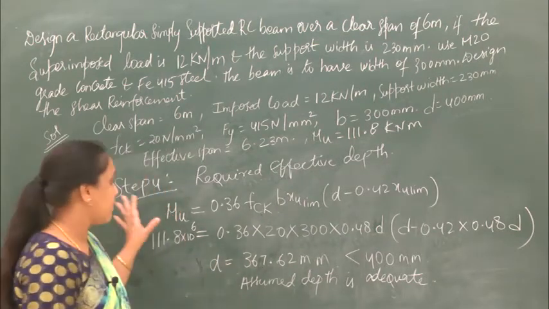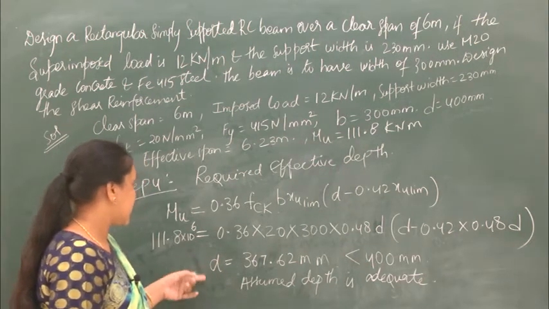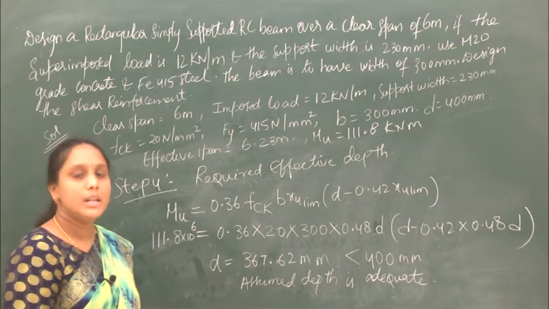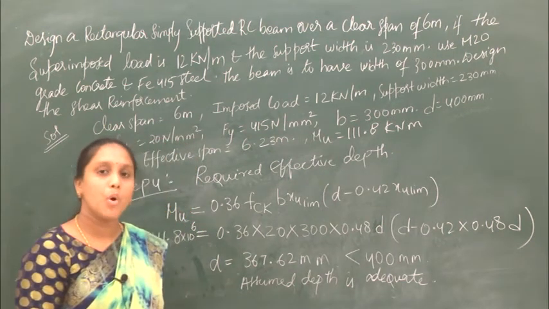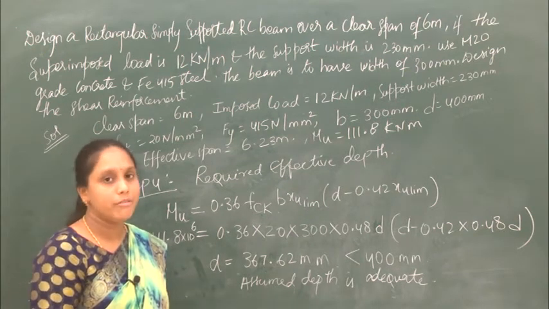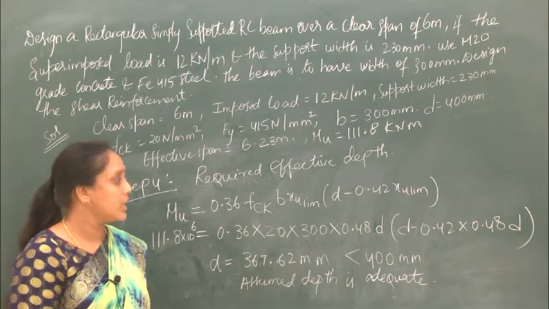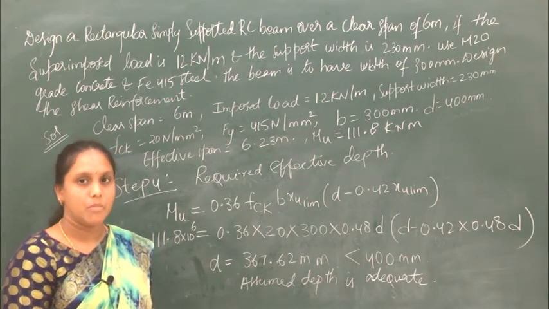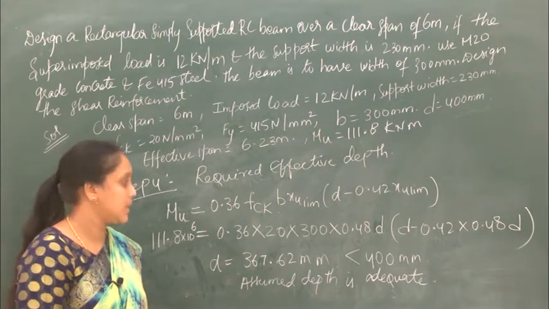Now that we have calculated the depth, let us calculate the limiting moment of resistance so that we can compare both Mu and Mu limit to know what type of beam it is, whether it is a singly reinforced beam or a doubly reinforced beam.